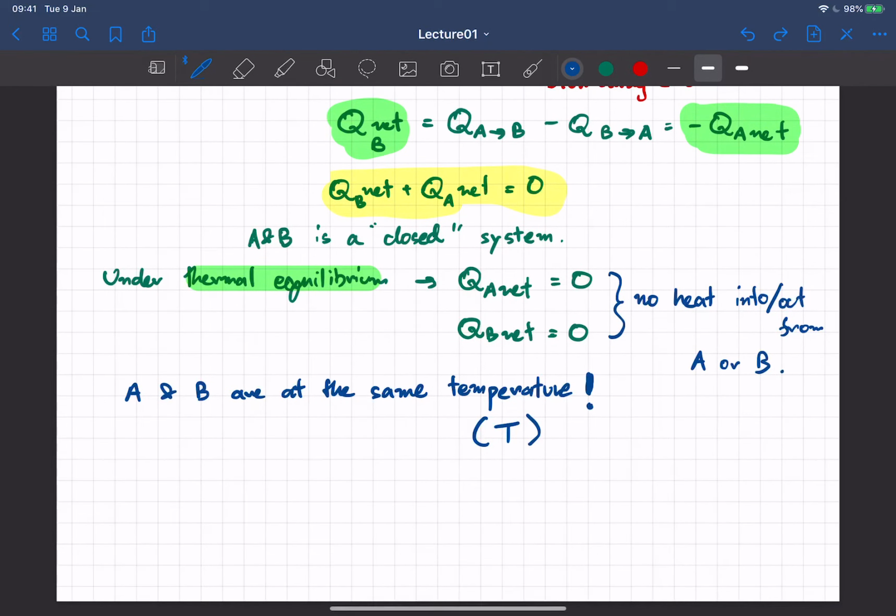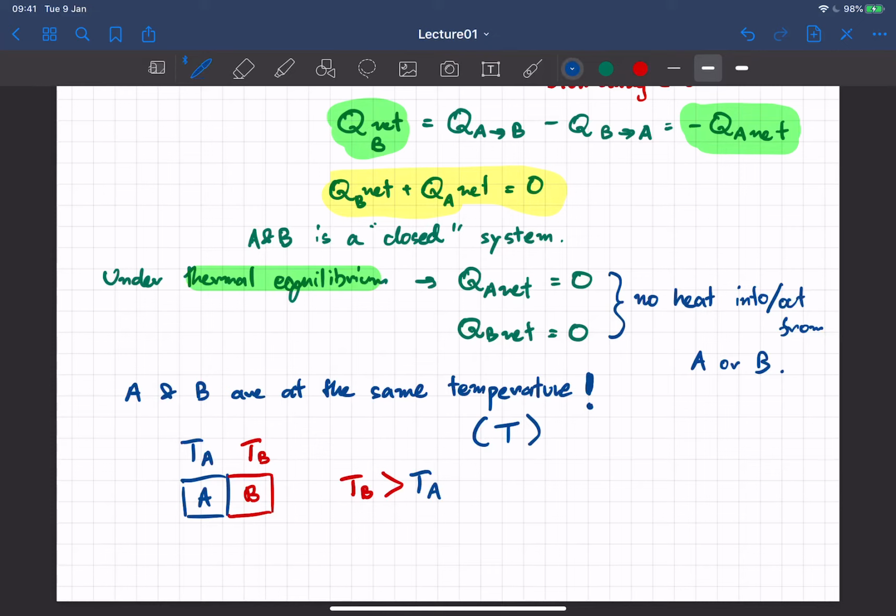What happens if you are not in thermal equilibrium? Well, for example, you have A, and you have the temperature of the object A, let's call it T_A, and then you have the object B, and you have T_B. So let's assume that for whatever reason, T_B is larger than T_A.